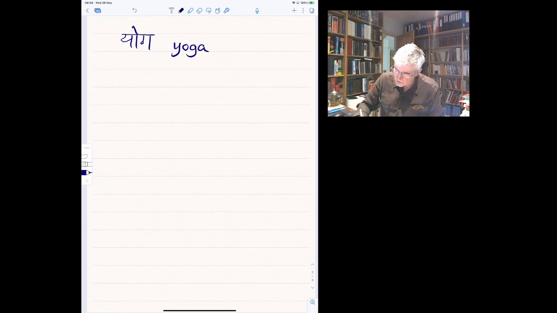That is from the root yuj, which is cognate with Latin jungere, whence we get junction, conjunction, or joining, and actually our word join comes from that same root. And of course yoke, as in yoking oxen together. So the root yuj, and we have the root kri. That's the one that's written.